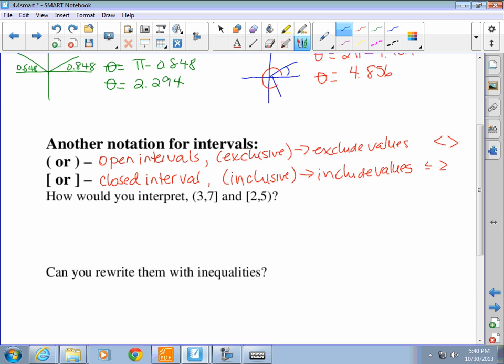So the next example says, how would you interpret parentheses 3, comma, 7 square bracket? So that means this one, the first one, your interval would be from 3 to 7, not including 3, but including 7.